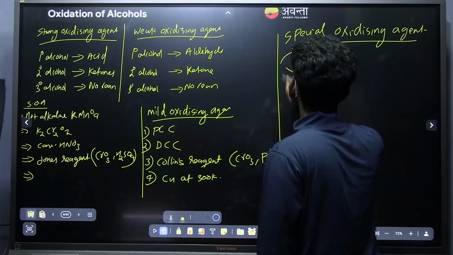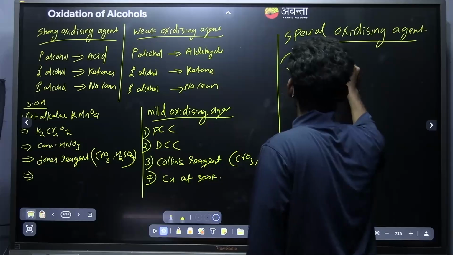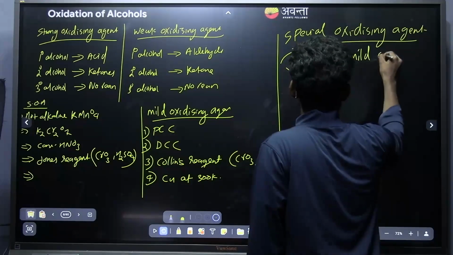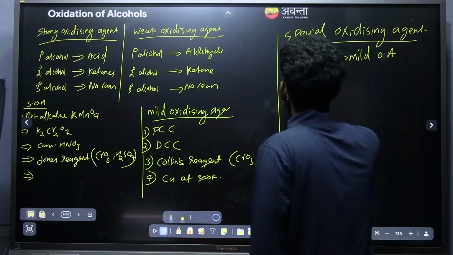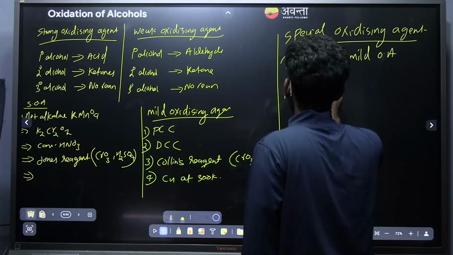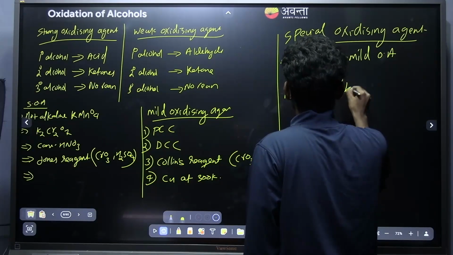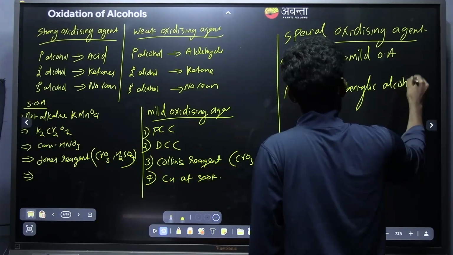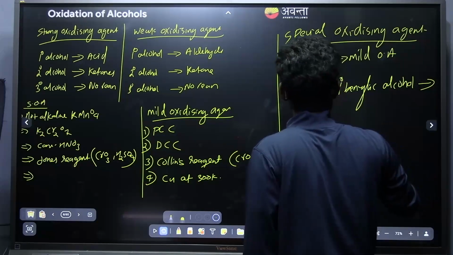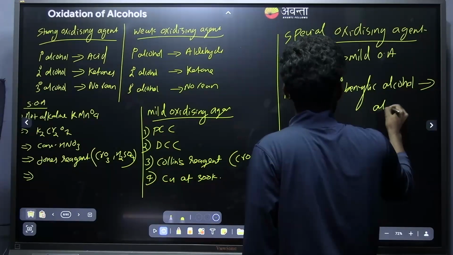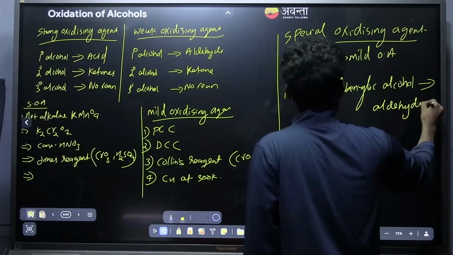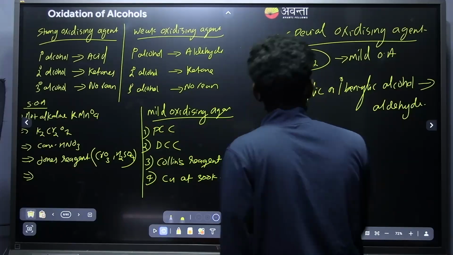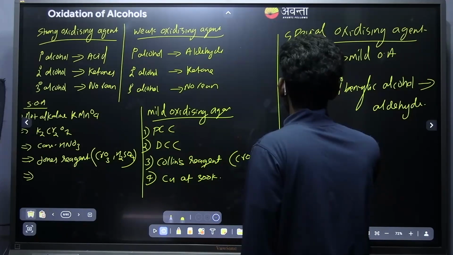MnO2 is a special oxidizing agent, a mild oxidizing agent. It will convert primary allylic or primary benzylic alcohol to what? To aldehyde.